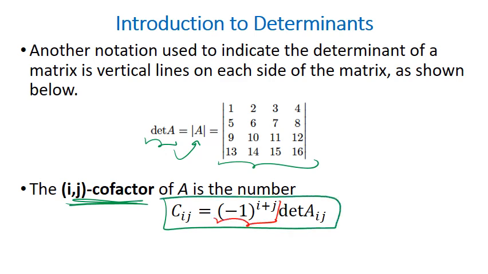So this here is the piece that defines the sign change, basically, from what I showed you before. And then it's the determinant of A in the row and column. So this leads to what's called the cofactor expansion across a row or a column of matrix A. Okay, and again, it looks more complicated than what it is.